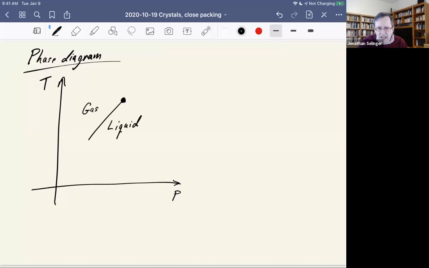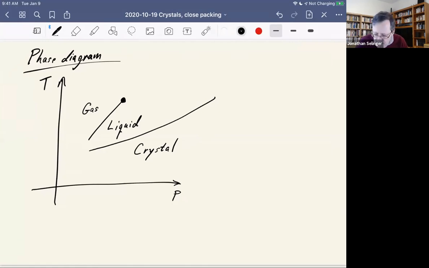Now, the place where we would find a crystal phase is at even lower temperature and even higher pressure. So the boundary between liquid and crystal would come in like this. That crystal would be down there.